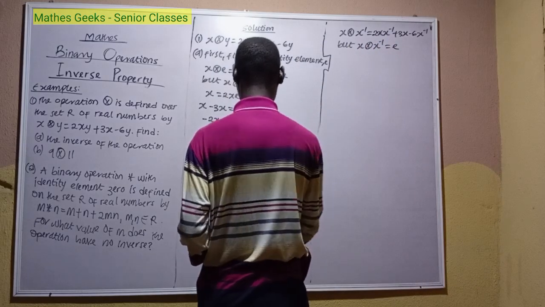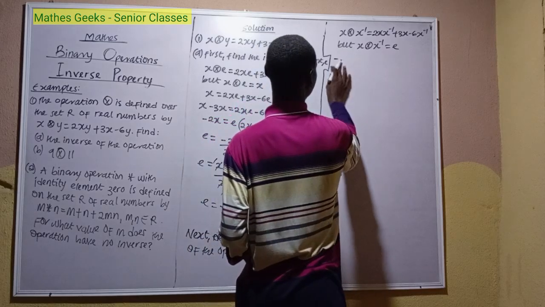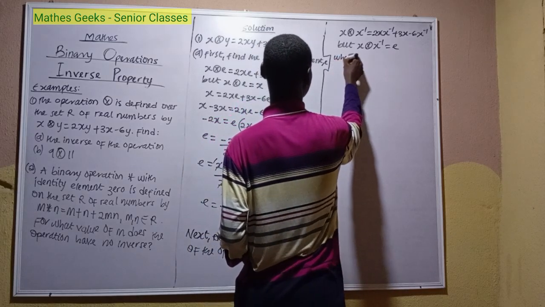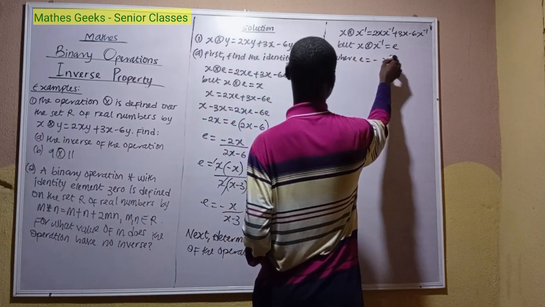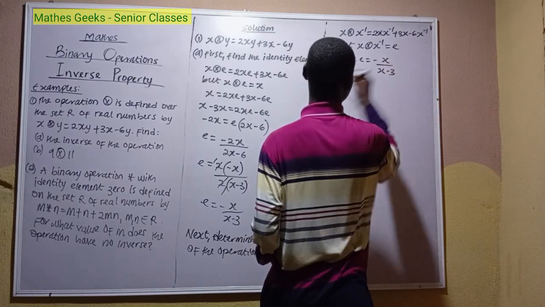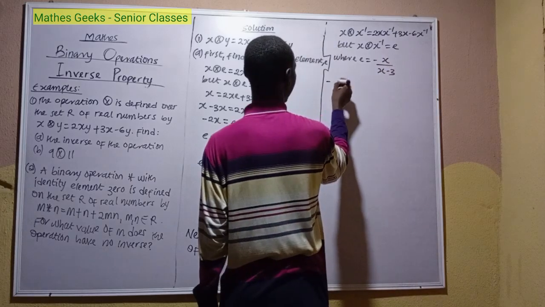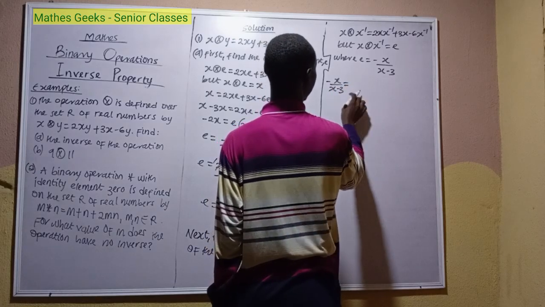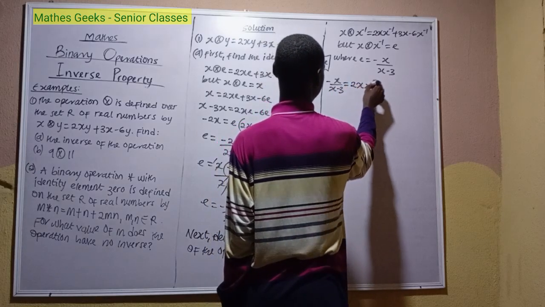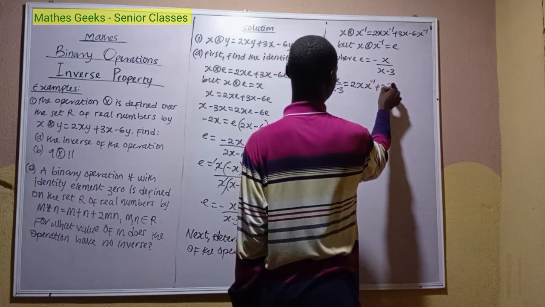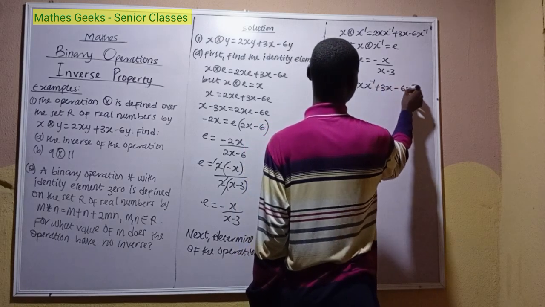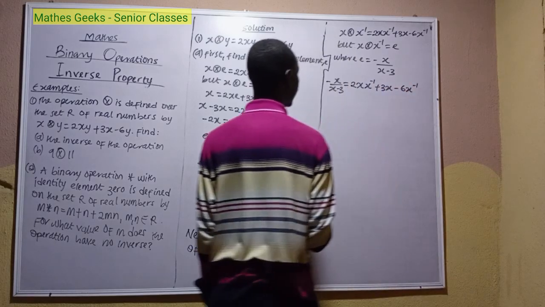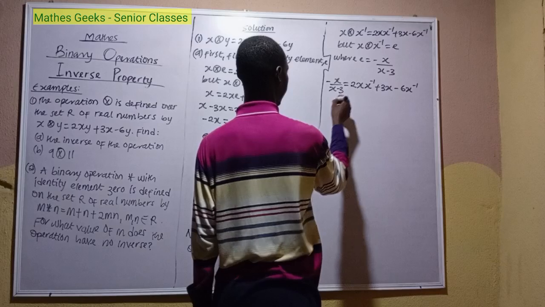where E is equal to minus x over x minus 3. So minus x over x minus 3 is equal to 2x raised to minus 1 plus 3x minus 6x raised to minus 1. So we bring this to this side.